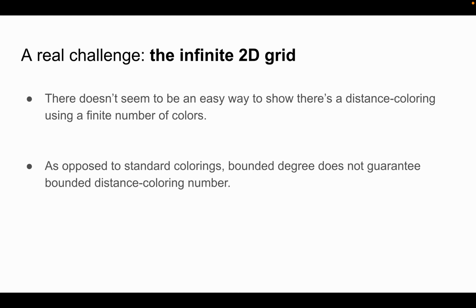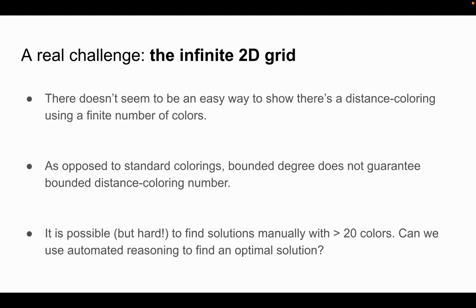As opposed to standard colorings, bounded degree does not guarantee a bounded distance coloring number. It is possible, but hard, to find solutions manually with more than 20 colors. So the challenge we propose is whether we can use automated reasoning techniques to find an optimal solution, meaning a distance coloring of this graph with the minimum number of different colors.